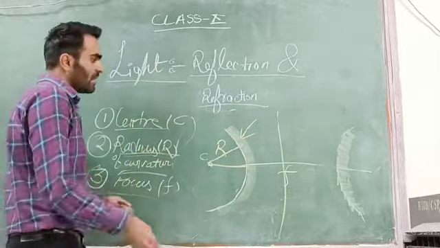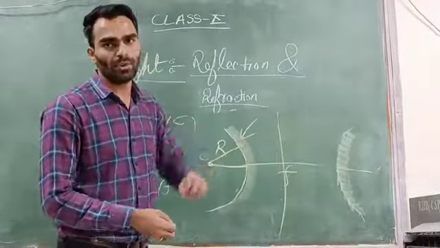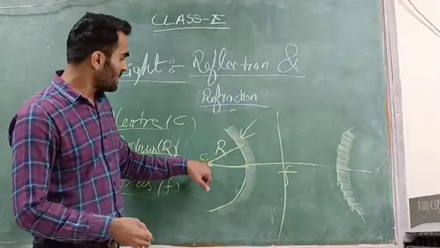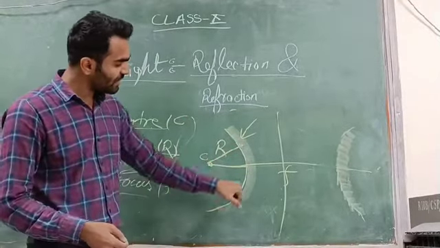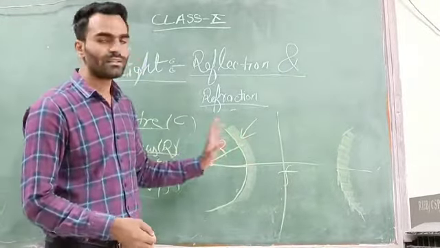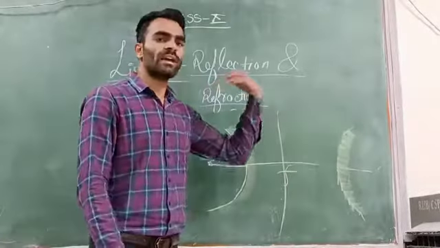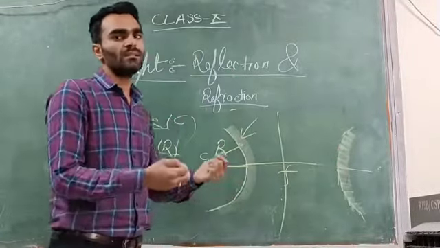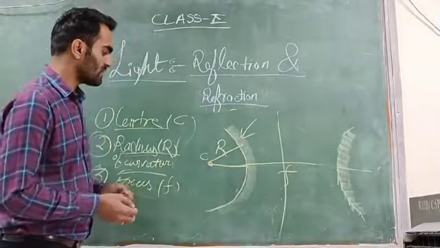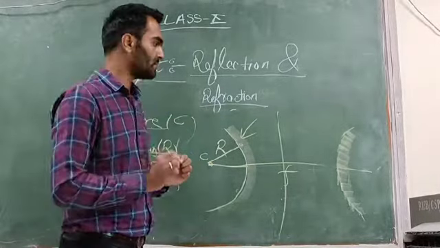After knowing it, we may say that for each and every kind of mirror, we have a focal point. So the center is the sphere's center, and the radius of curvature R is the radius out of which the spherical mirror has been drawn, and the focus is the point outside or inside the mirror which is adjusted so that it captures the light.